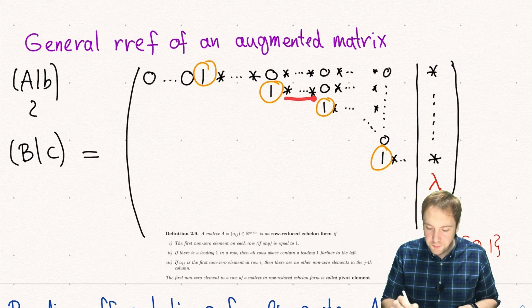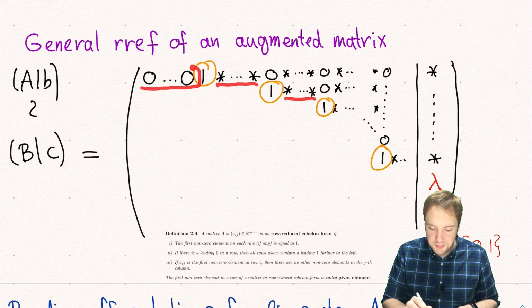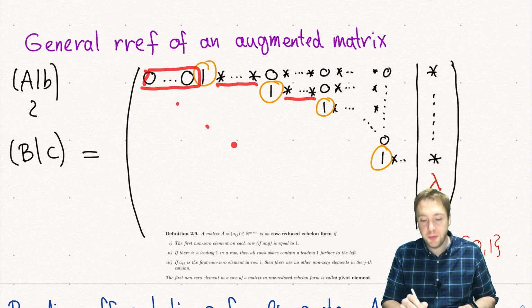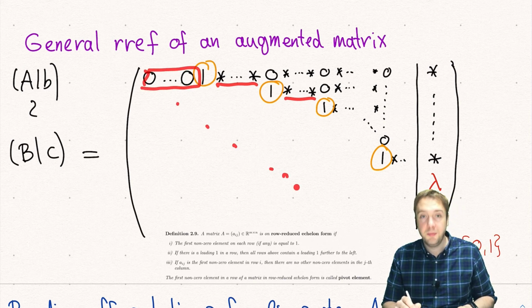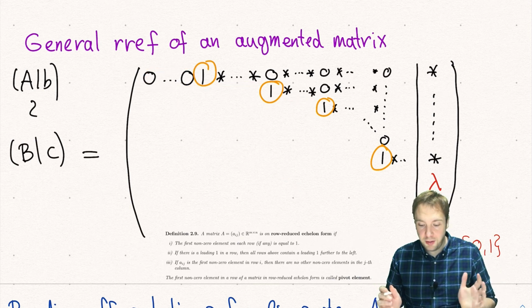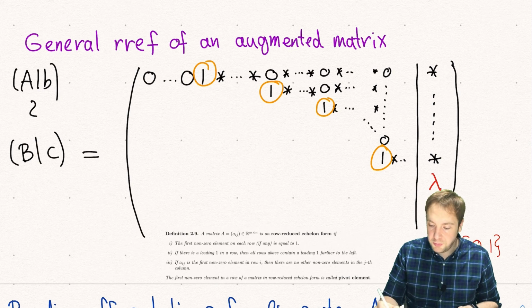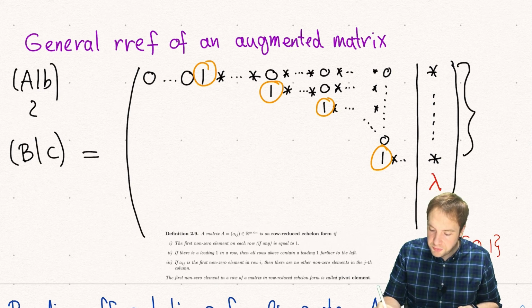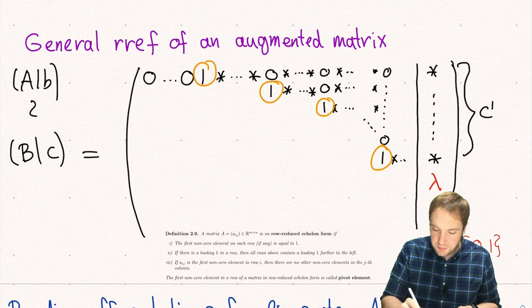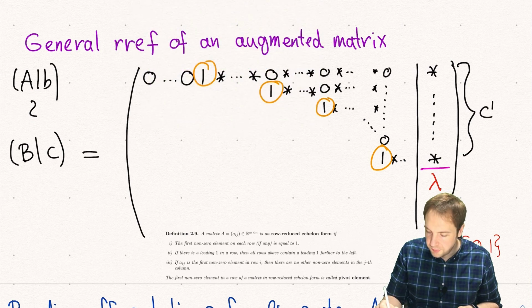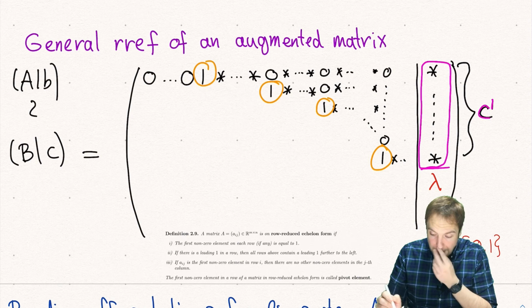But if there are no free variables, so if in each column we have a pivot element, which means that every variable is a pivot variable, then we have a unique solution. And this unique solution is given by this entry here. So this C prime here is this vector here.